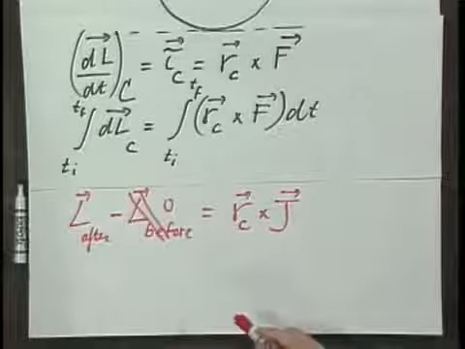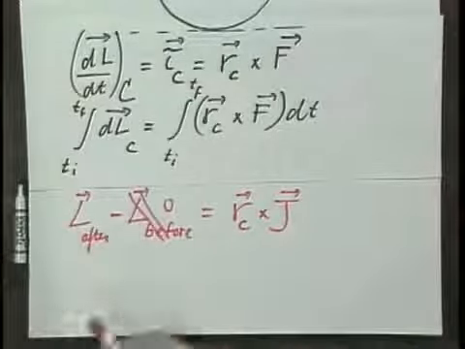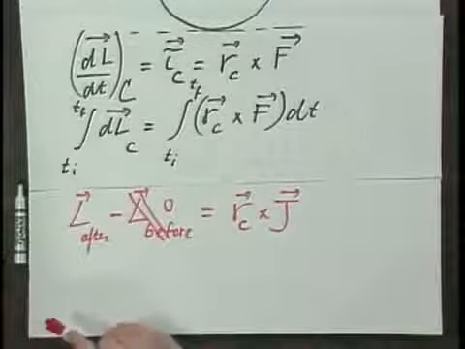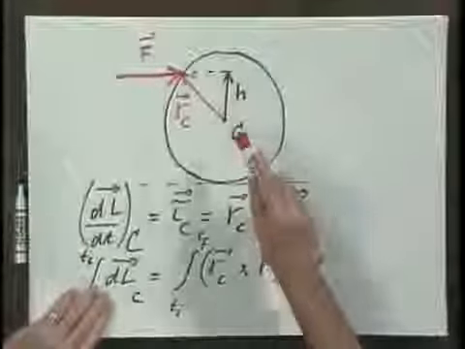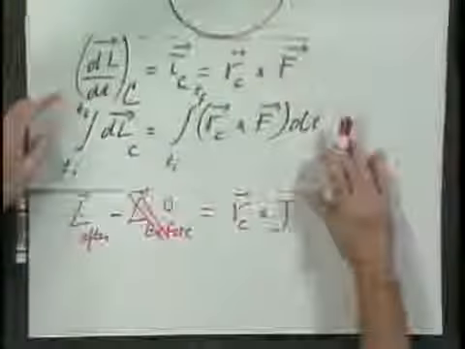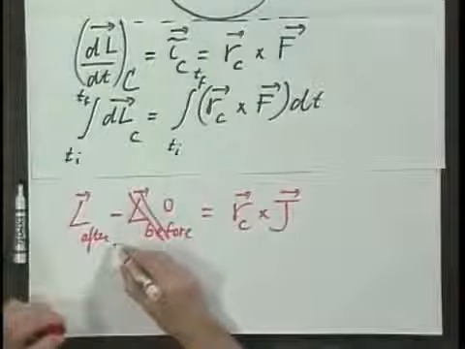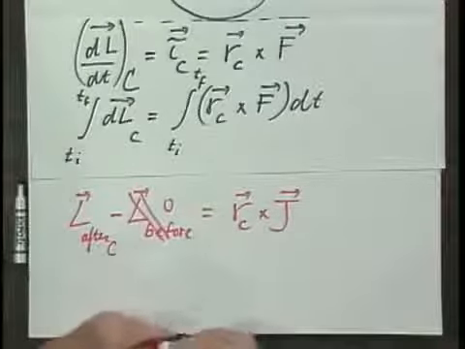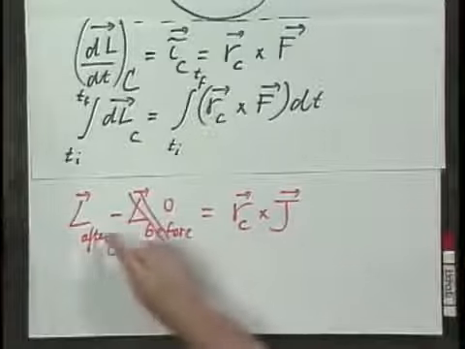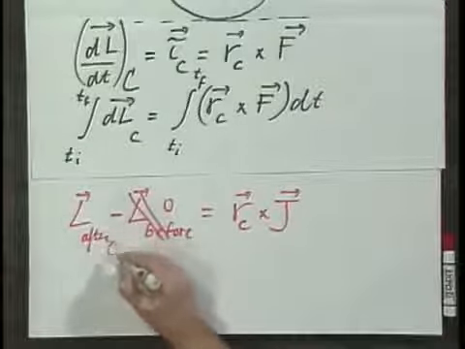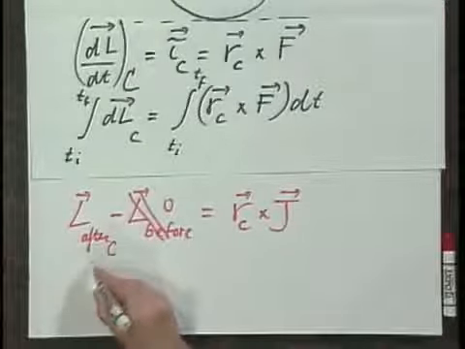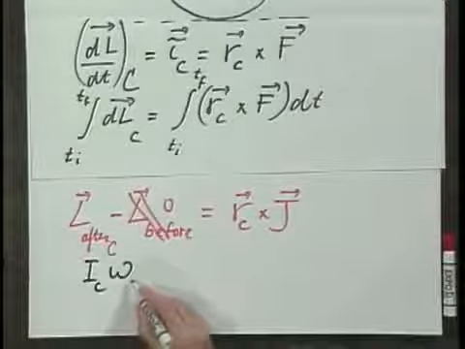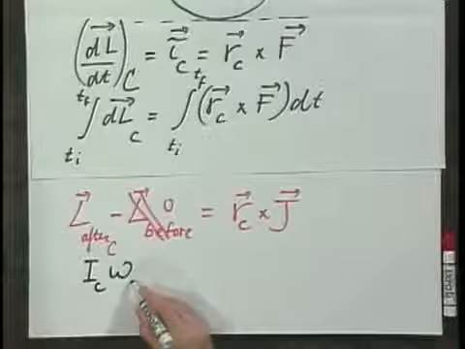So we now have a very simple result that this vector, the angular momentum about the center of mass, I can write a C here, equals r_C cross J. The magnitude of the angular momentum about the center of mass is the moment of inertia about the center of mass times the angular velocity after the impulse has been given.